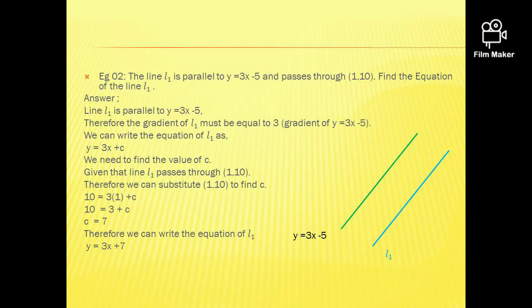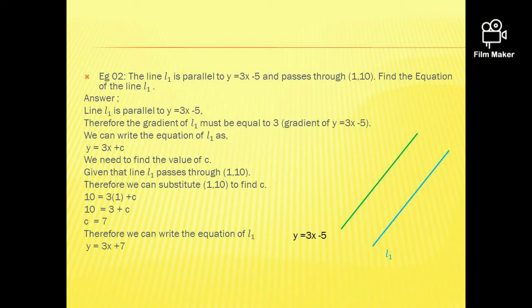In this example, it has mentioned the line L1 is parallel to y equals 3x minus 5 and passes through (1, 10). Find the equation of the line L1. What are the properties where we can understand? They have mentioned line L1 is parallel to the line y equals 3x minus 5.